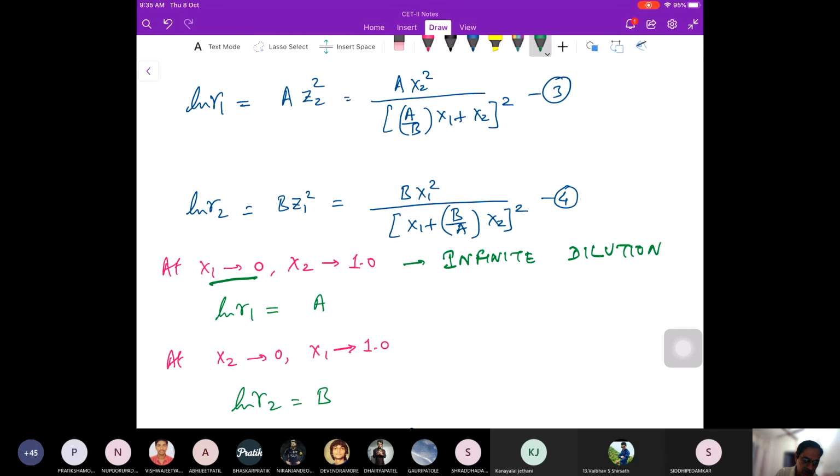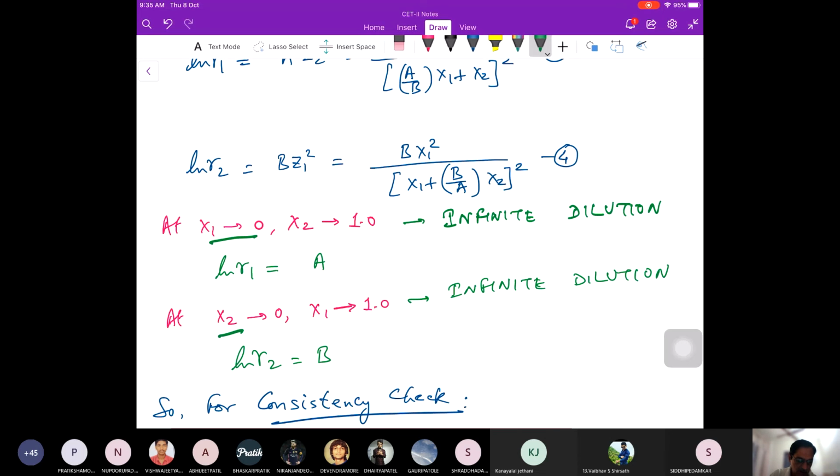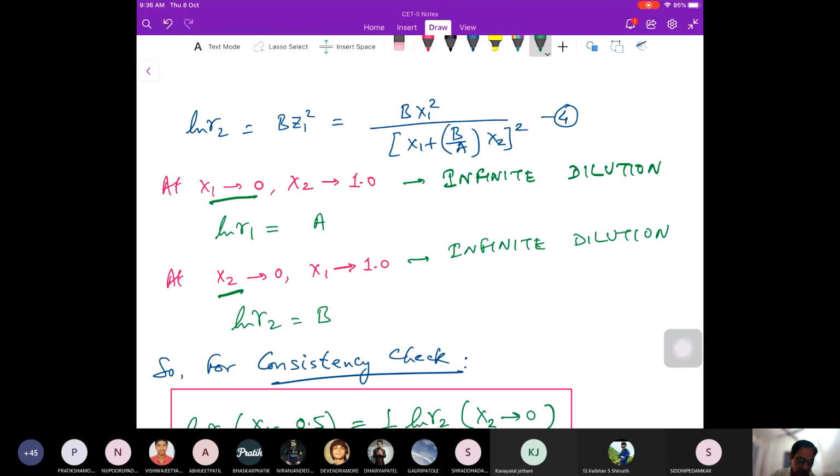That means very low concentration of x1, and similarly this is also infinite dilution, that means very low concentration of 2 in 1. So at very low concentration of 1 in 2, ln gamma 1 is equal to a, and again at infinite dilution of 2 in 1, ln gamma 2 is equal to b. So this is the way of finding out. In your problem, Siddhi, infinity was put here, right? This is what is called infinite dilution.